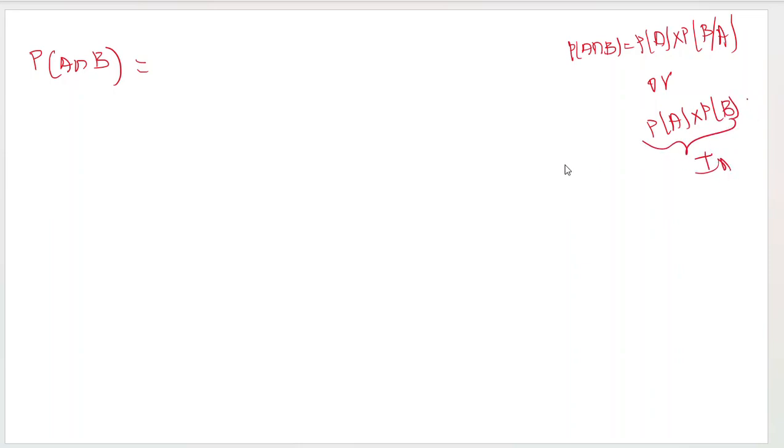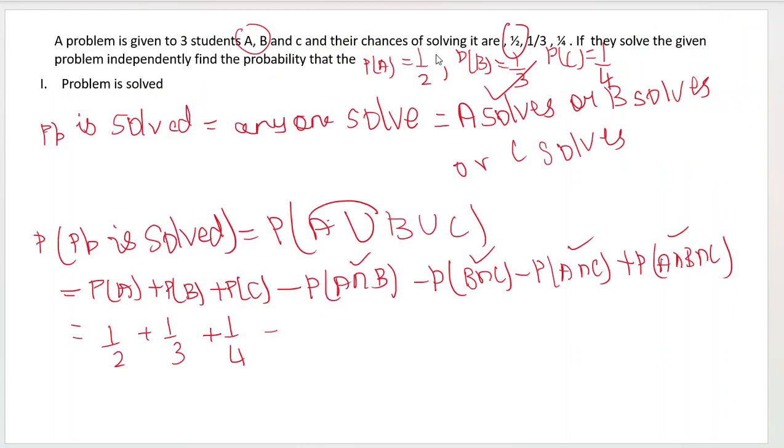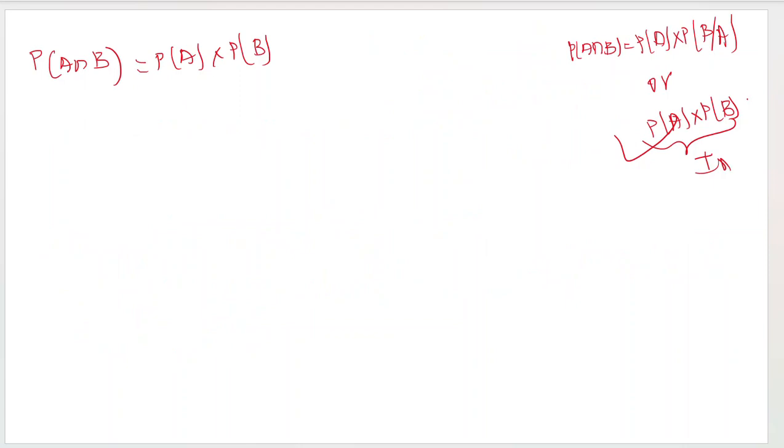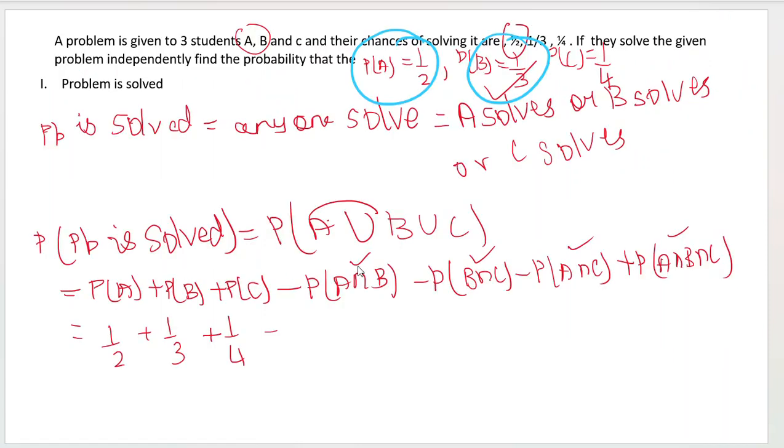Now since the question has independent events, we use the second formula, so therefore this becomes P of A into P of B. P of A is given to us as half, P of B is given to us as 1 by 3. We insert both of them here and we get the answer as 1 by 6.